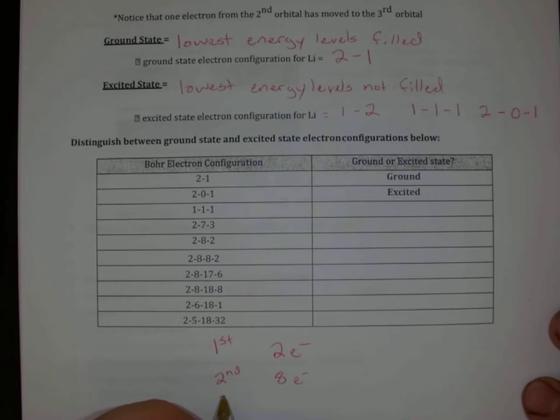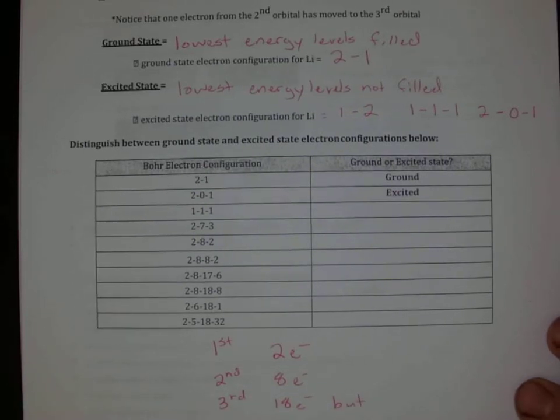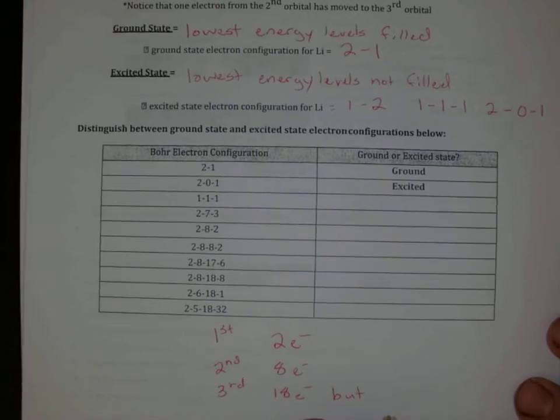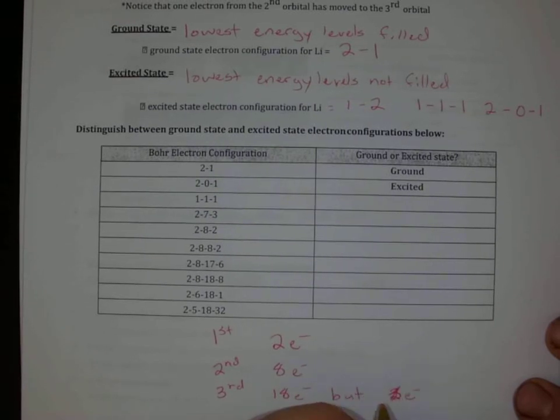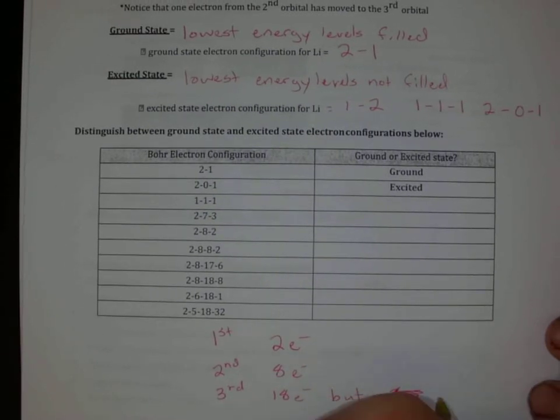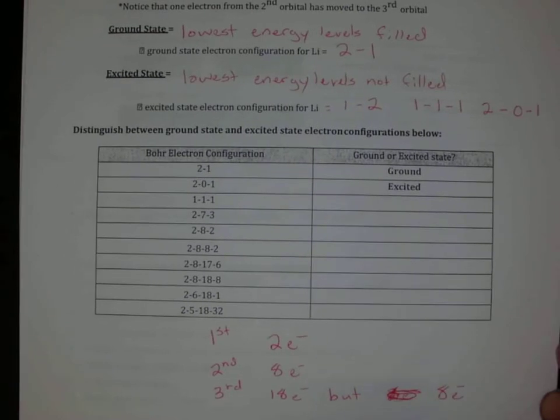The third energy level really can hold up to 18 electrons. But we always say that we make a rule and then we break it. We can hold up to 18 electrons, but oftentimes we'll fill 8 electrons and then go to the fourth energy level and fill 2.